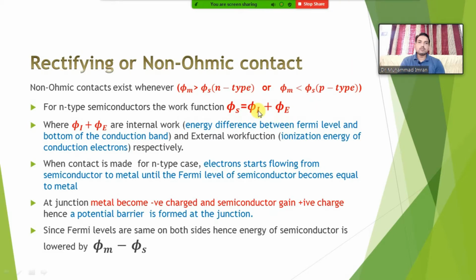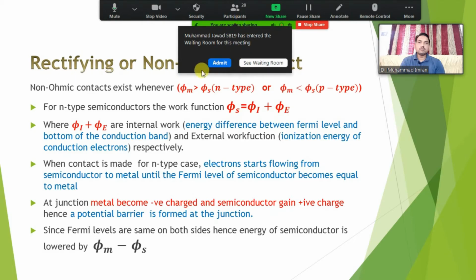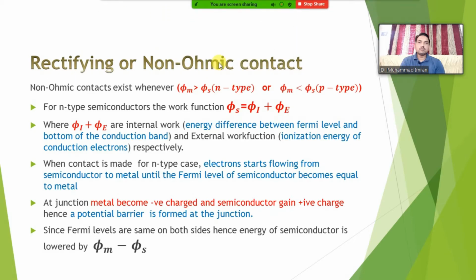So you need two types of energy to get an electron free. That is the reason that in a semiconductor the work function is the sum of both the internal and external work functions. Internal is for the difference between the Fermi level and the bottom of the conduction band, and external is for the ionization energy of the donor atoms.